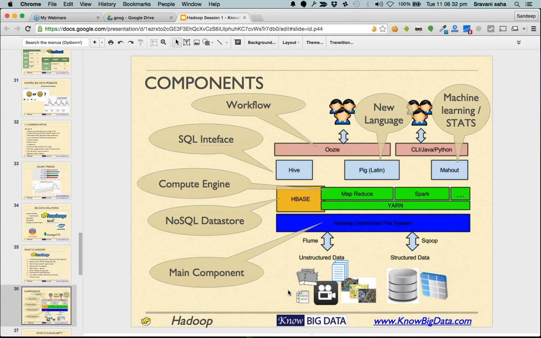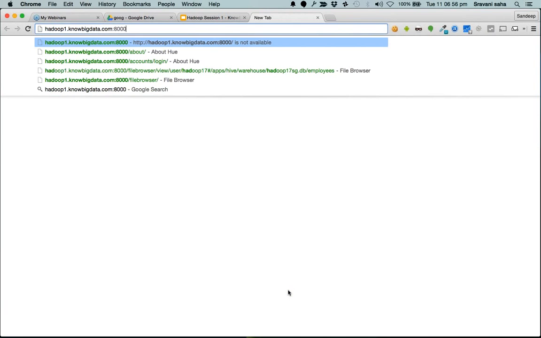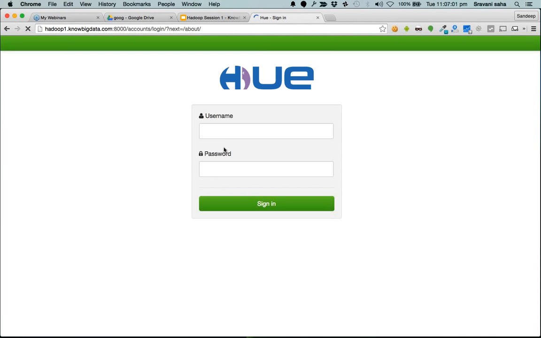Hadoop is an umbrella project containing many small projects, and out of that, the most important component is the Hadoop Distributed File System. It's a file system which runs on 10 or 15 computers in parallel, without you knowing about it. Let me show you what it looks like.